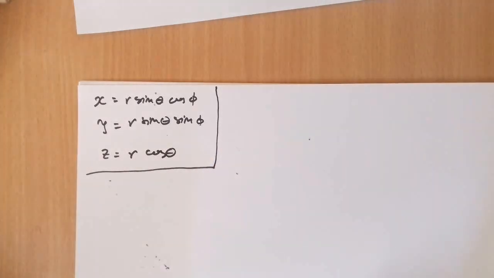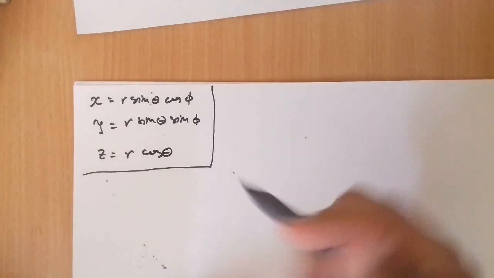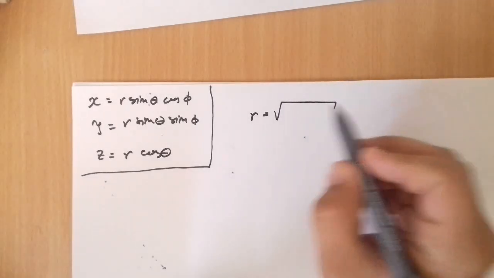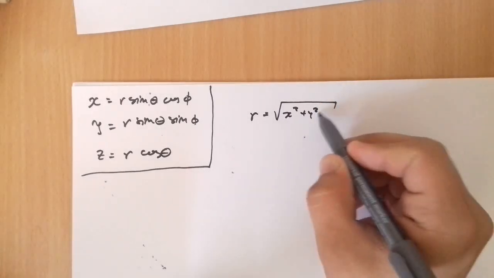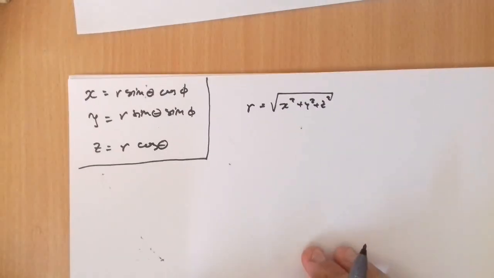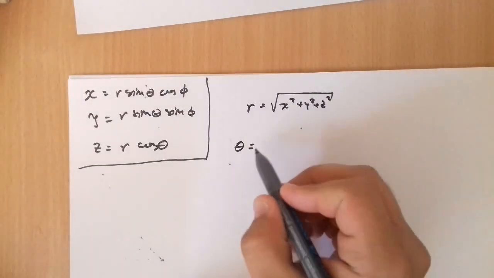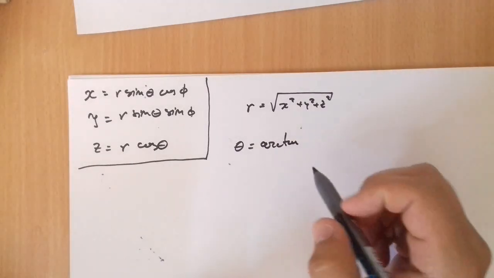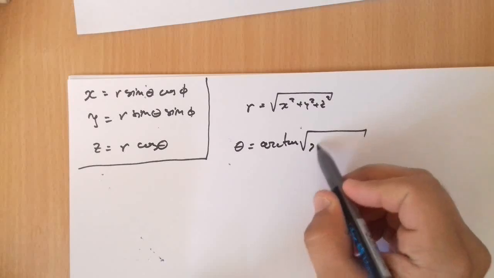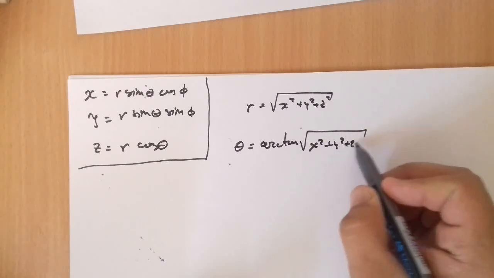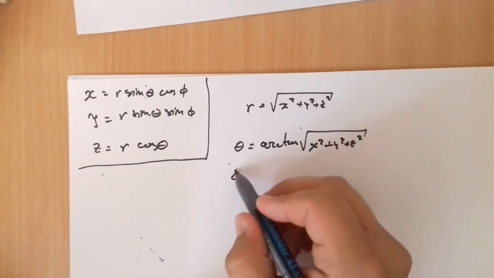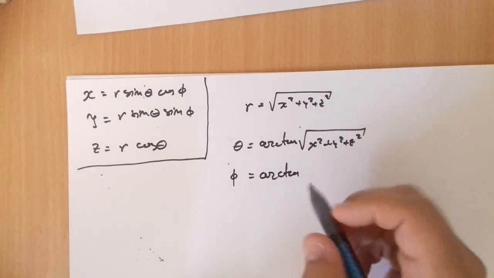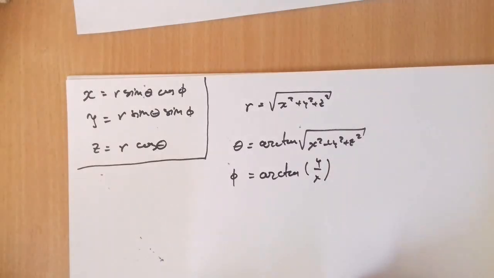From those three equations, we can find that r is equal to the square root of x squared plus y squared plus z squared, and theta is equal to arccosine of z over r, and only phi is equal to arctangent of y over x.